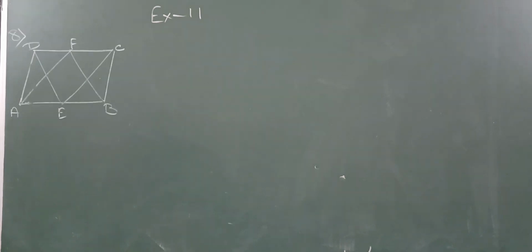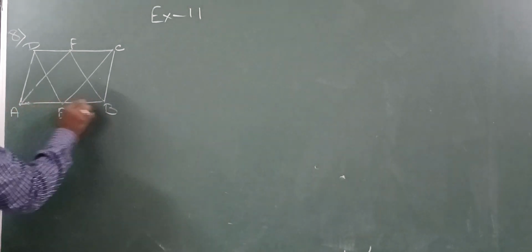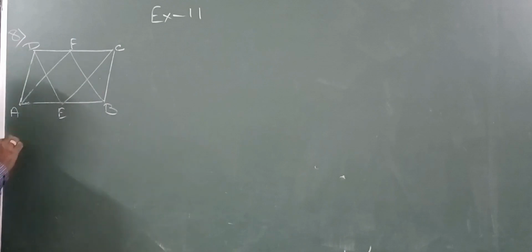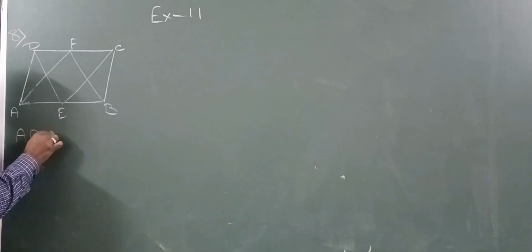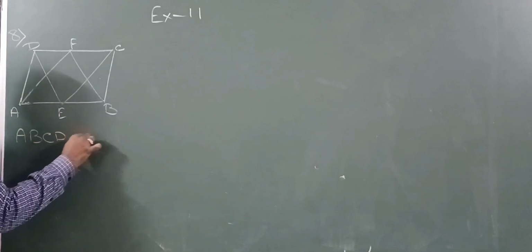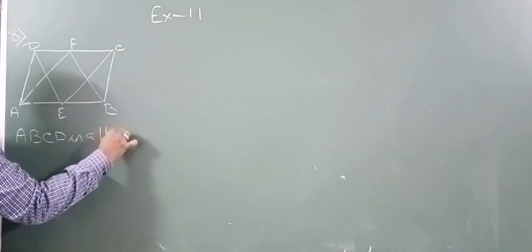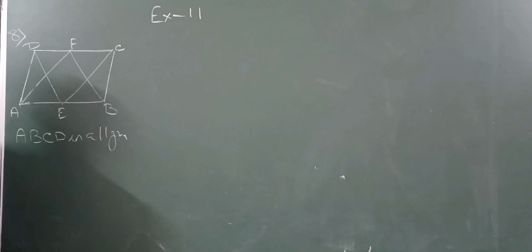Now in question number 8, it says that ABCD is a parallelogram. It's given that ABCD is a parallelogram. Clear? E and F are midpoints of AB and CD.